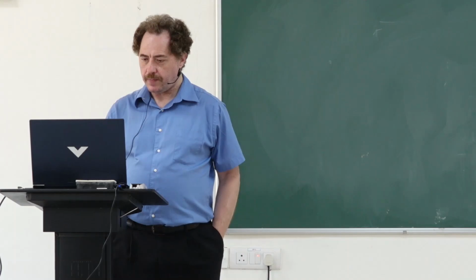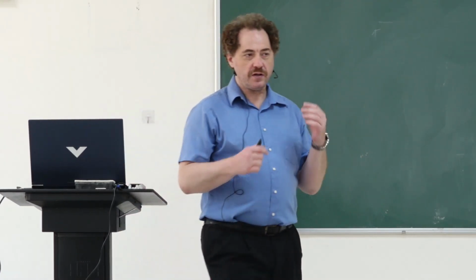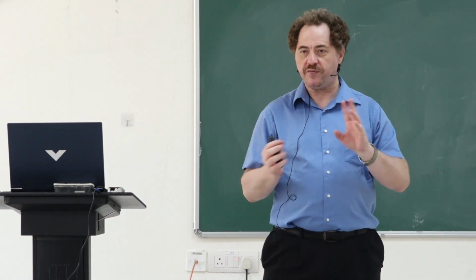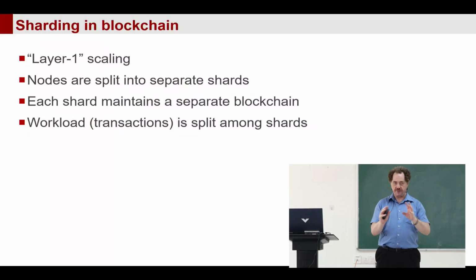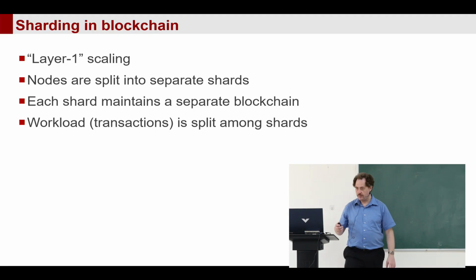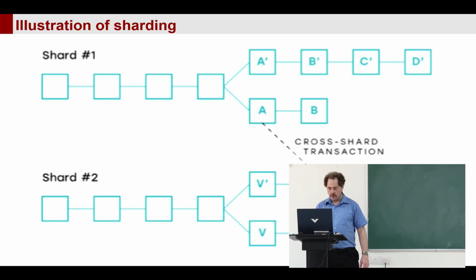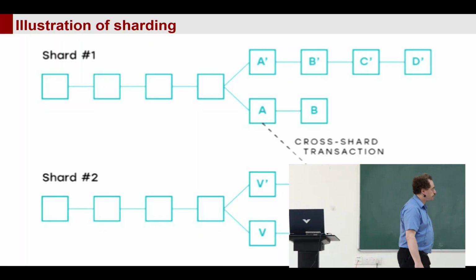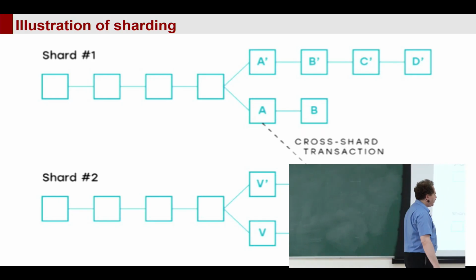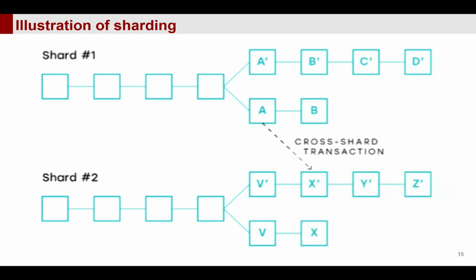And then we need to be smart about how we divide, right? We want most of the transactions to be within the same shard, but some of the transactions can be cross-shard, and we need to have provision for that. So here's an illustration, 2 shards, and we can even have branches within each shard, right?